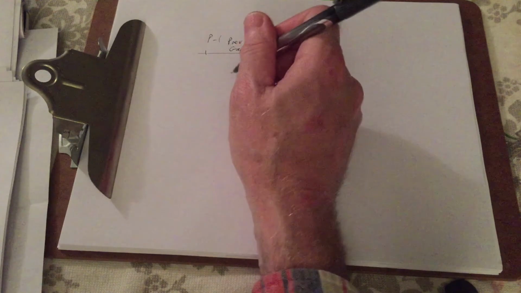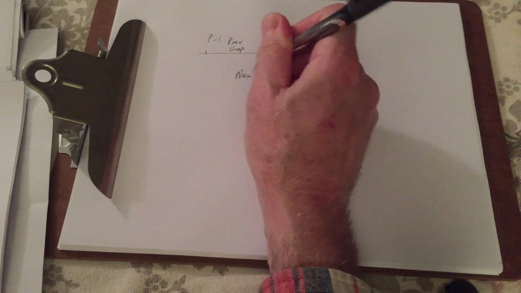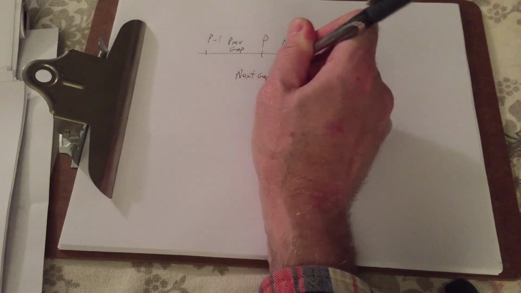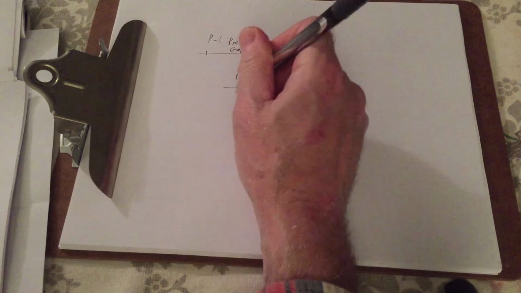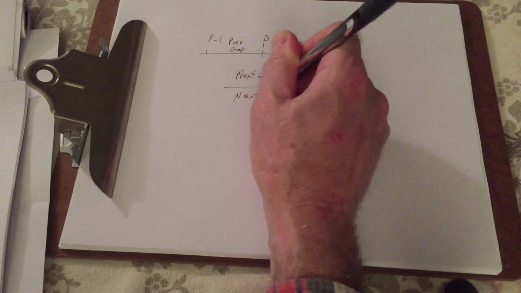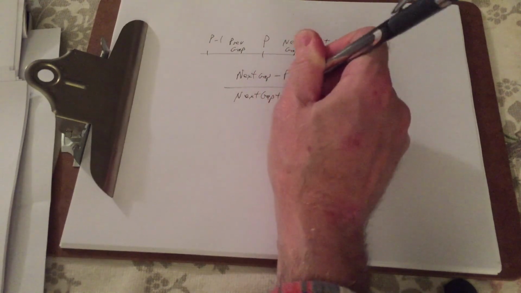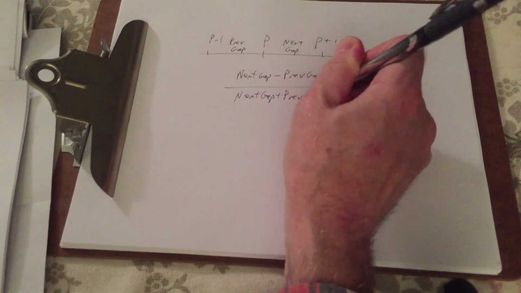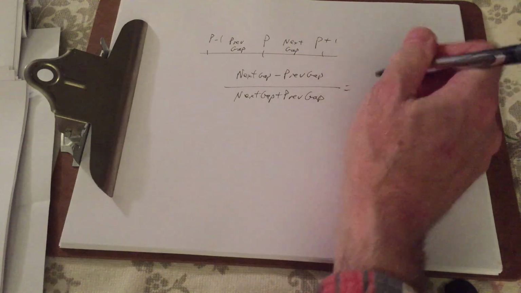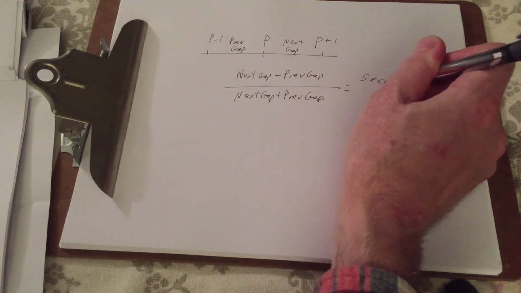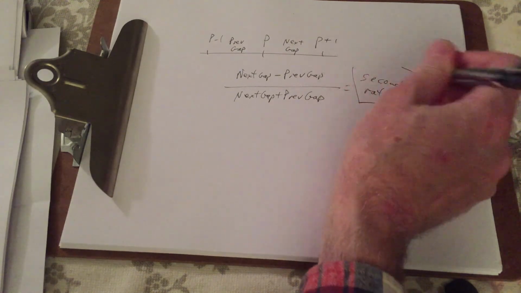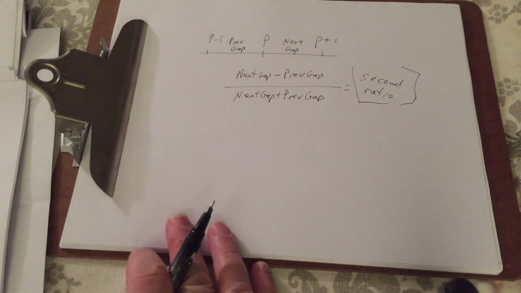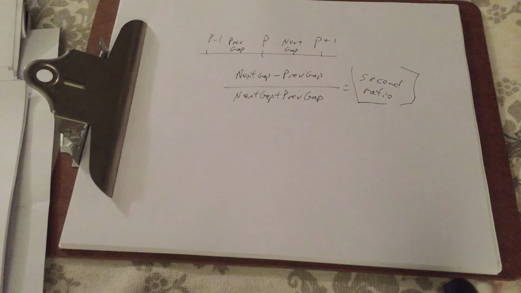So we get the next gap minus previous gap over next gap plus previous gap. And this we call second ratio. At least that's what I call it. I don't know what anybody else calls it because I couldn't find anybody else talking about it, whatever that means.